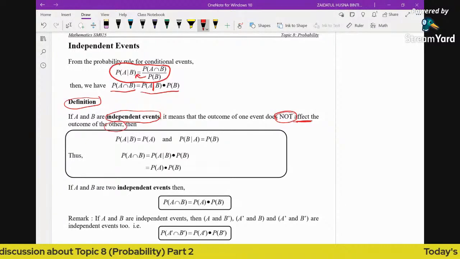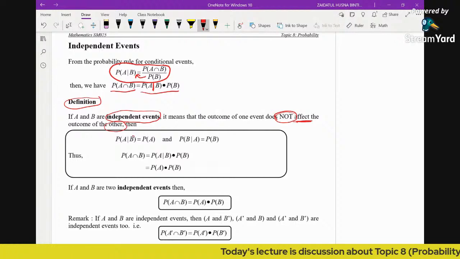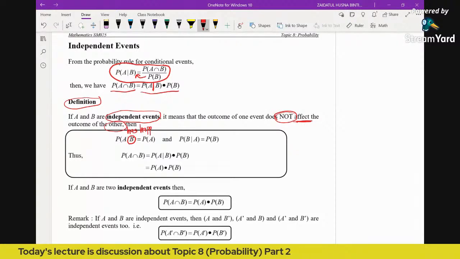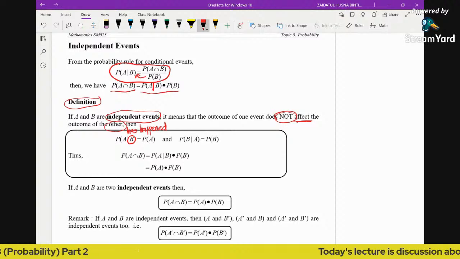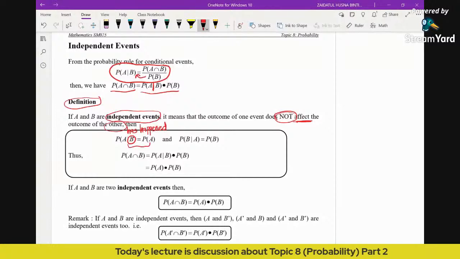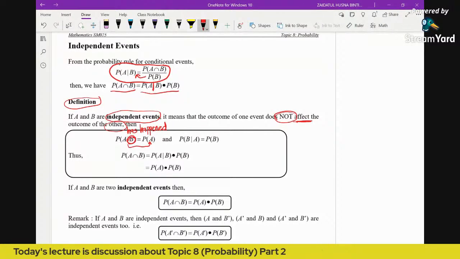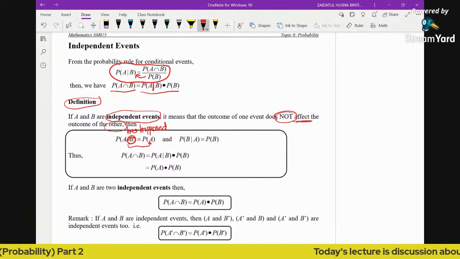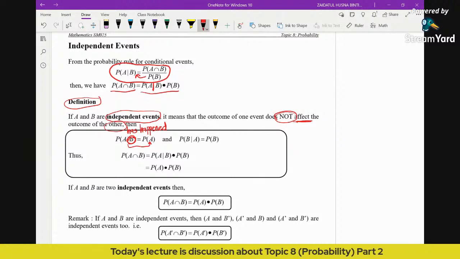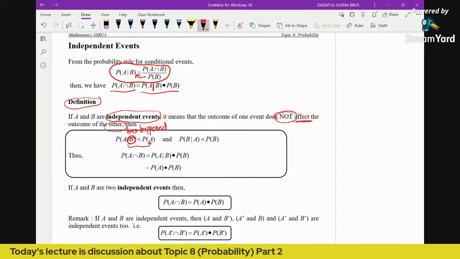Even though event B has happened, because they are independent events, we can say that the probability of A given B is simply probability of A, because B will not have an effect on A. So probability of A given B is equal to probability of A.